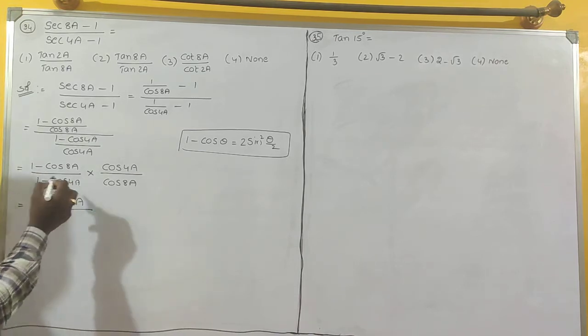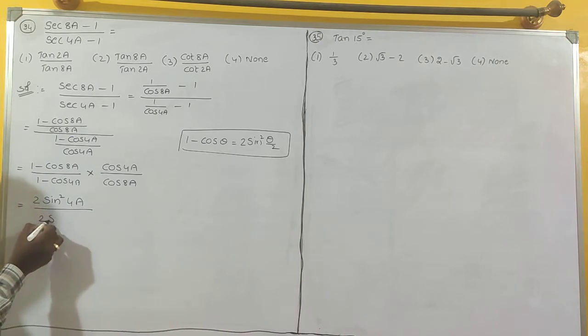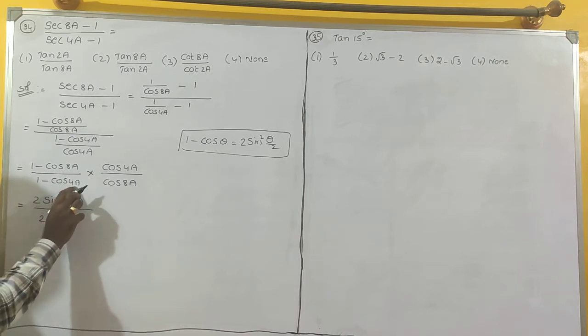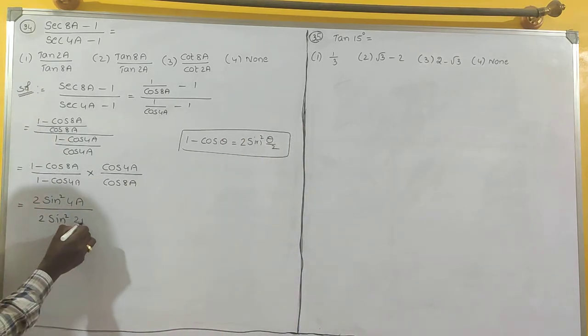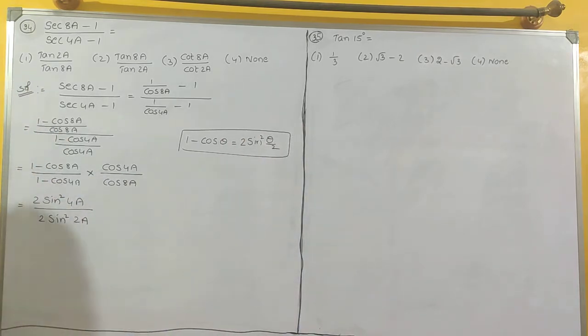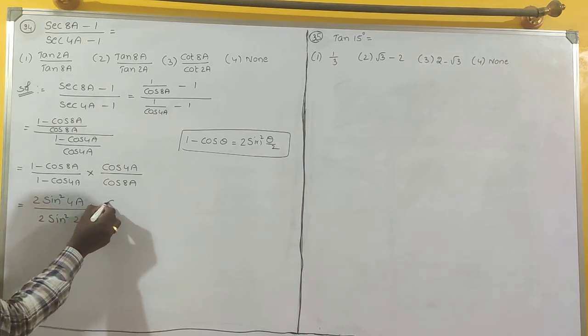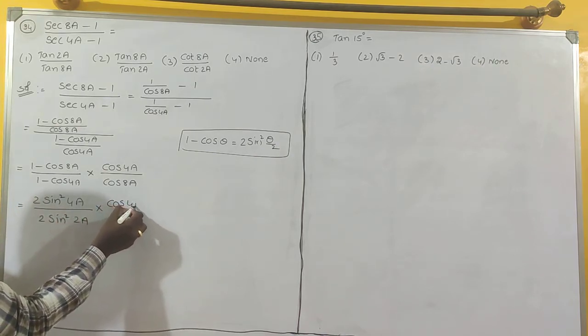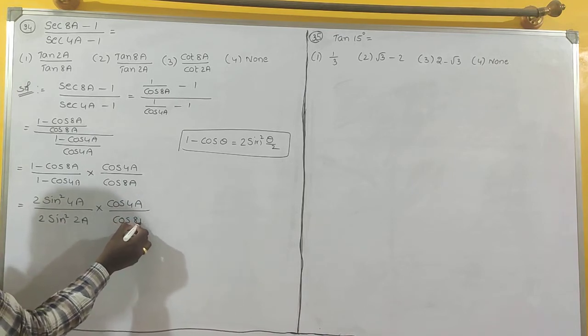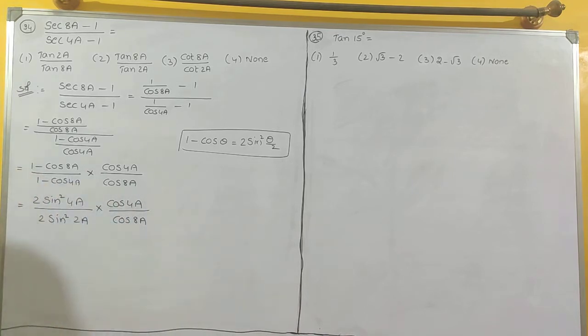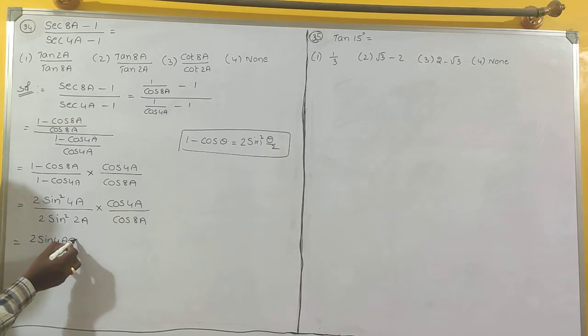by 1 minus cos 4a, which is 2 sin square, here the angle is how much? 4a, 4a by 2, that is nothing but 2a, into cos 4a by cos 8a. Now this can be written as 2 sin 4a cos 4a.